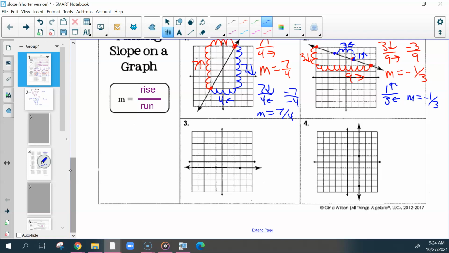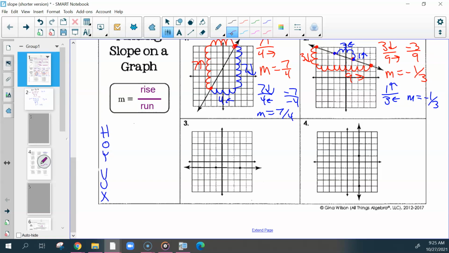Before we do 3 and 4, I want you to write this off to the side. Hoyvux. Vuxhoy. This will help you remember which ones have 0 slope, which ones have undefined slope.